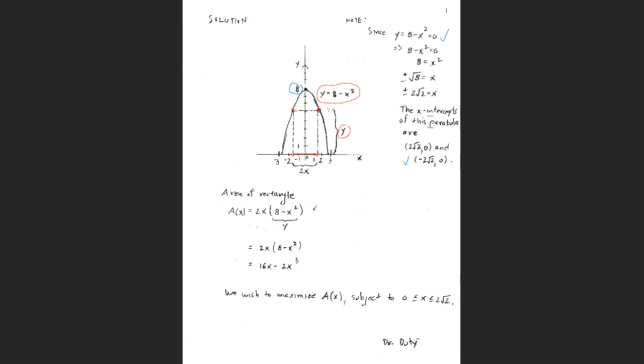We agree that the value of y determines the height, and that value of y is equal to 8 minus x squared, because the vertices on the top part of the rectangle lie on the parabola. And then, of course, the rectangle has on its base the x-axis.